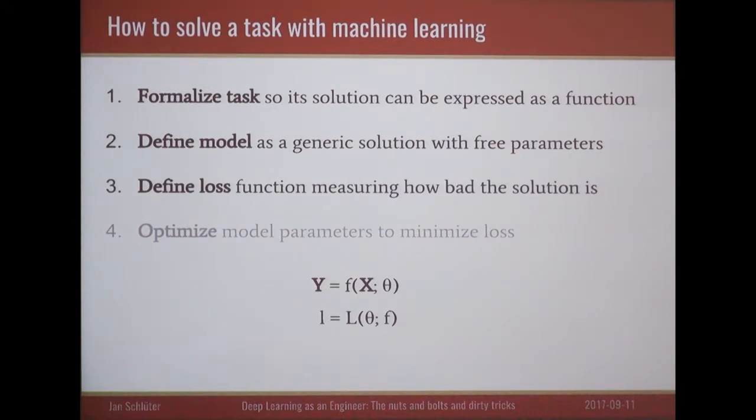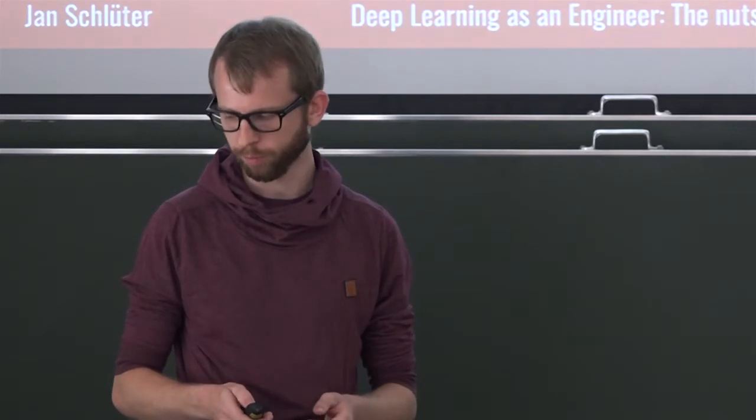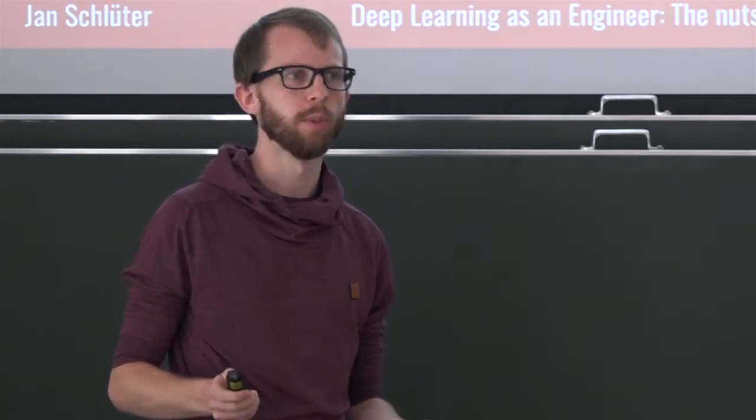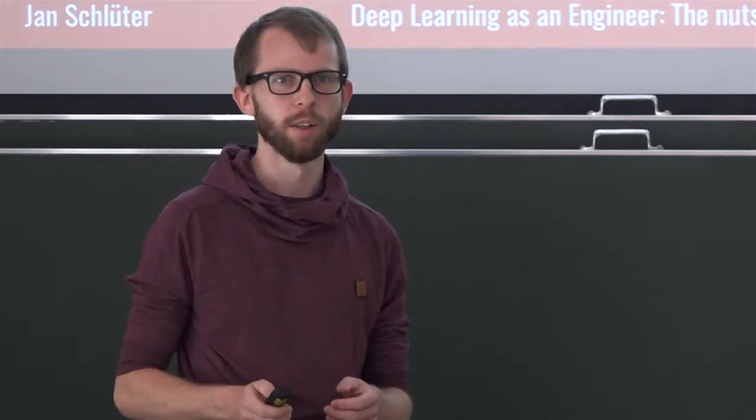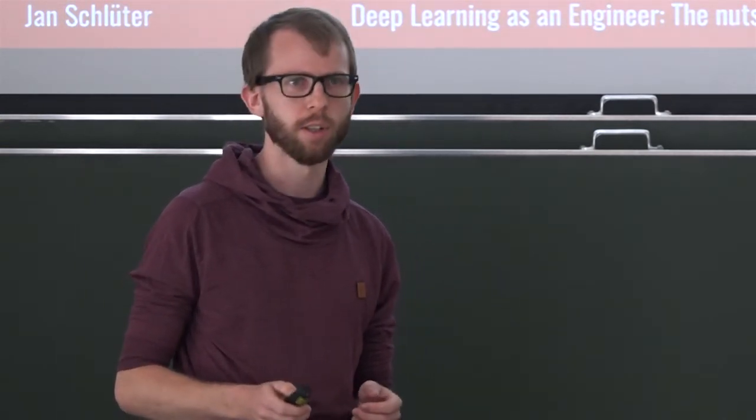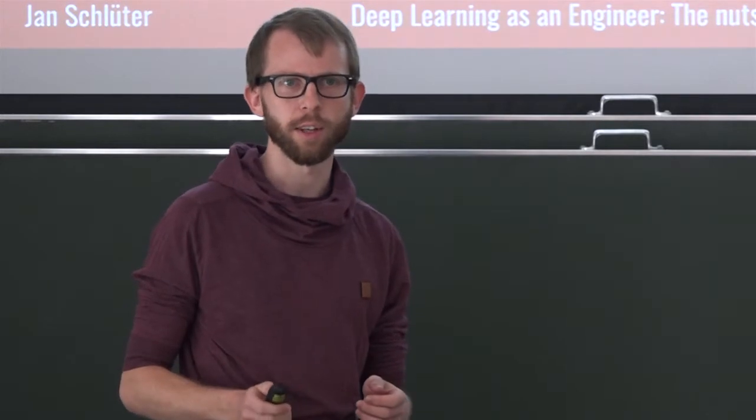Then the next step is to define a loss function. The idea of the loss function is to return a scalar value, and it should be smaller when the solution is better. So it tells how bad the solution is. And again, we assume that we are either unable or unwilling to specify this loss function by hand, so we leave some values to be filled in. In this case, it's the training data.